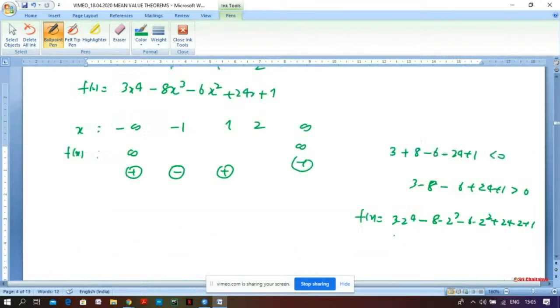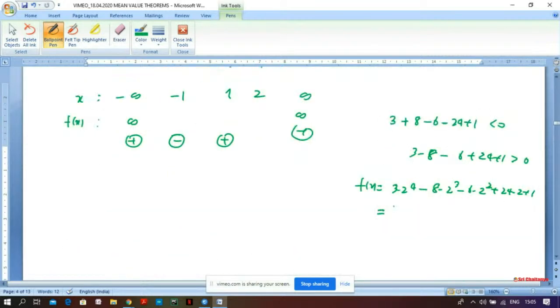So we are getting 48 minus 64, then minus 24, and then plus 48 plus 1.